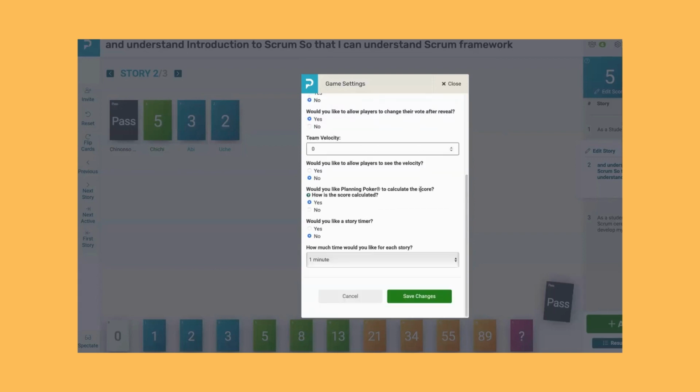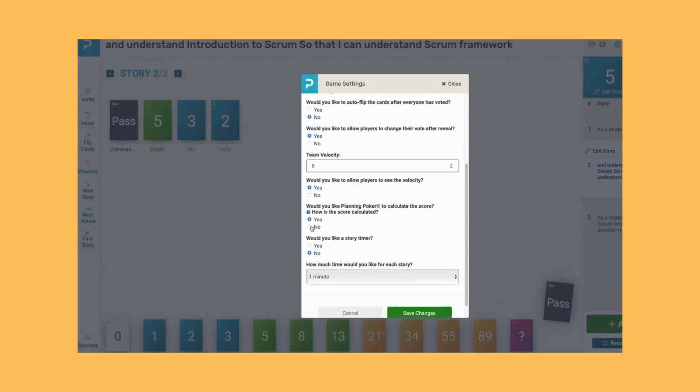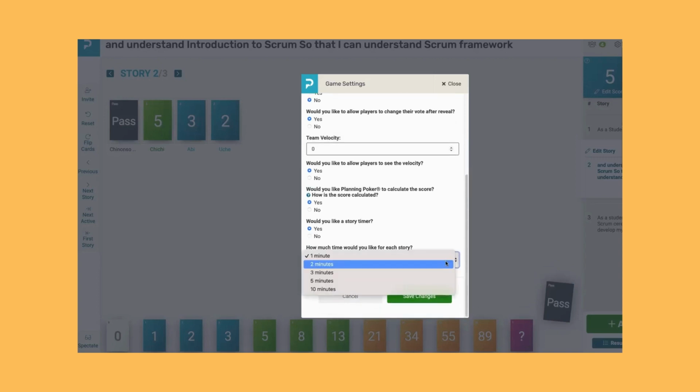Okay. Give me 1 second. I want to understand. I'll come to your question. Would you like to allow players to see their velocity? Yes. Okay, let's see. Yes. Would you like planning poker to calculate the score? How is the score calculated? Yes. Would you like the story timer? No. Yeah, you can also put the story timer. Yes. How much time would you like for each story? Let's see, 2 minutes.